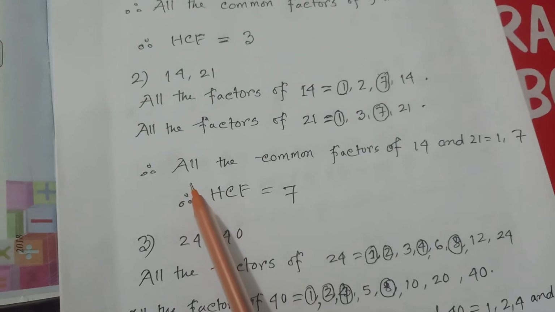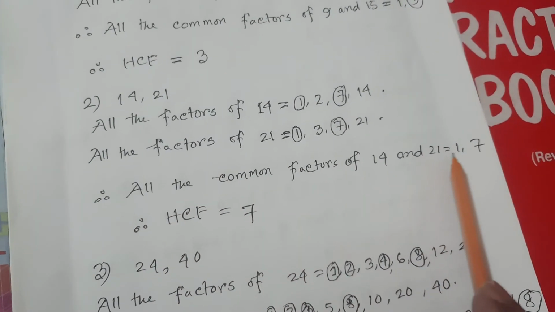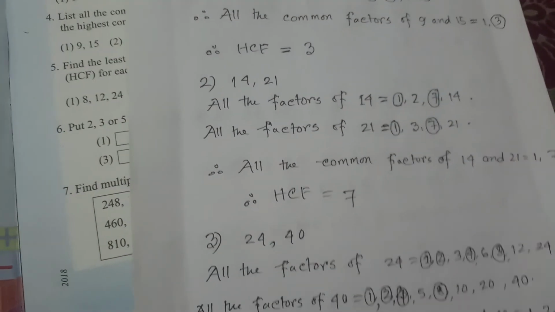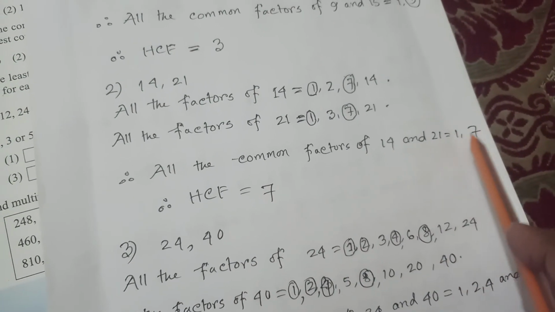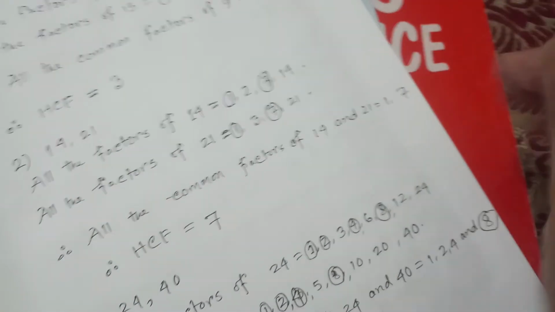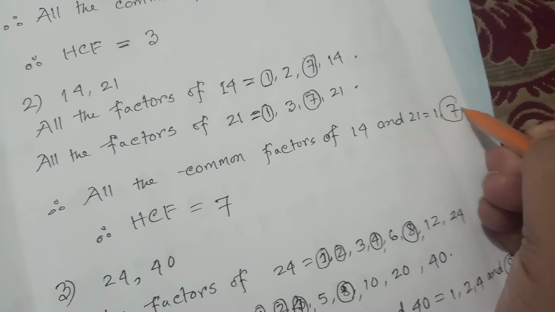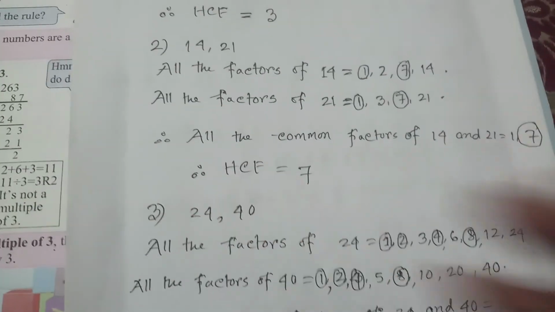Therefore all the common factors of 14 and 21 are 1 and 7. Therefore HCF equals 7, because between these two common factors, 1 and 7, 7 is the highest common factor.